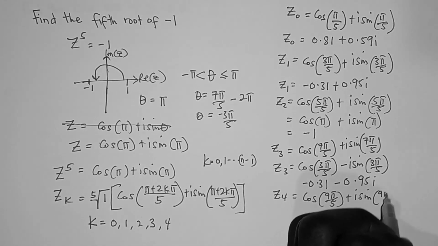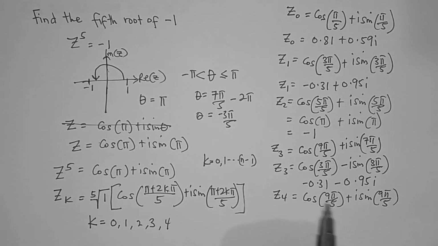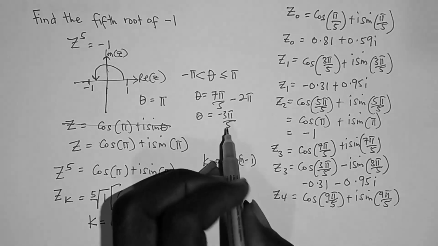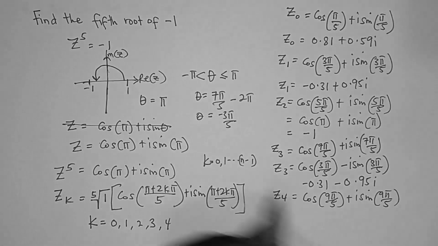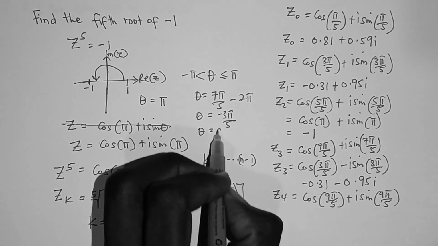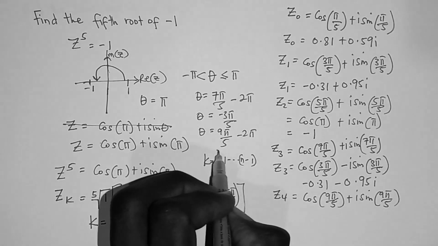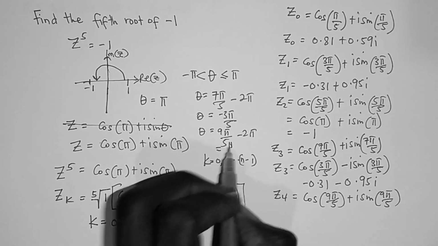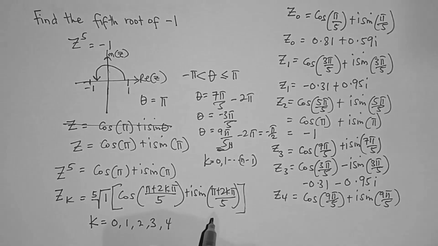You see that in this case too, 9 pi over 5 is greater than pi. And therefore, we bring it into this range by subtracting 2 pi from it. So theta is equal to 9 pi over 5 minus 2 pi. And this is equal to minus pi over 5.